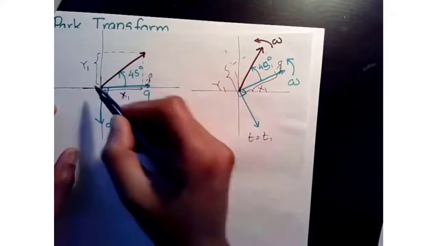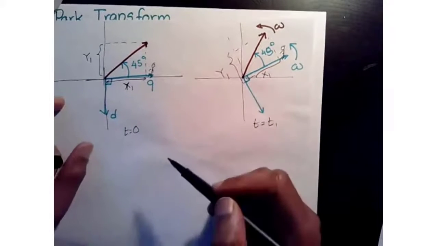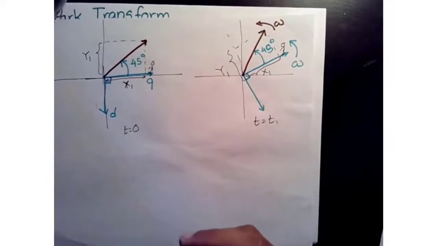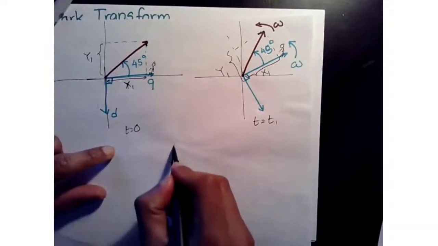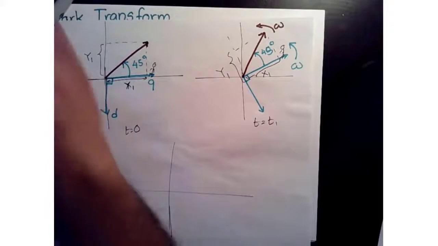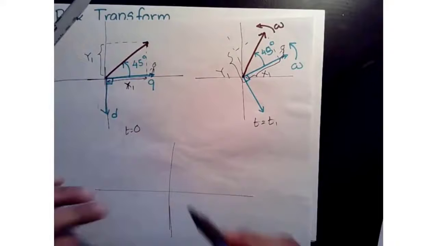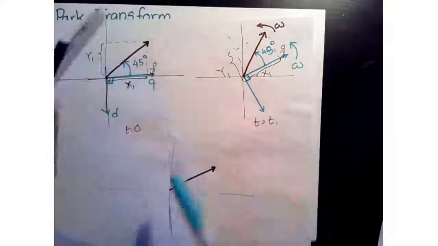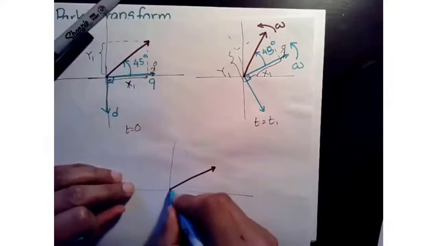Now, let's say we aligned our q axis with the vector to begin with. What can we say about the direct axis component, the projection on the direct axis? If our vector started like this, we are saying I'm not going to have an initial offset.